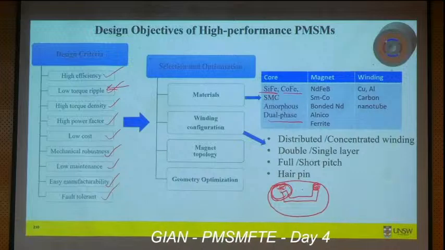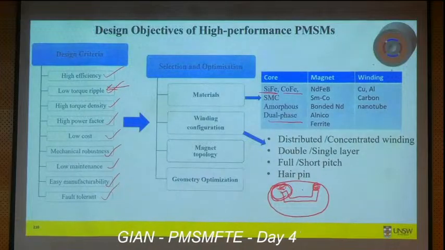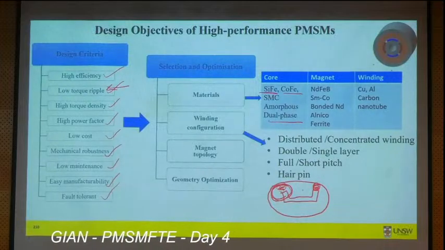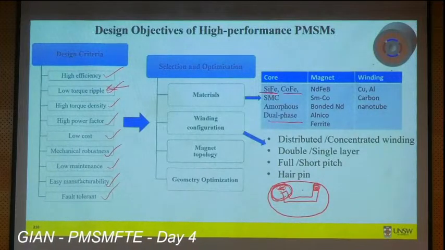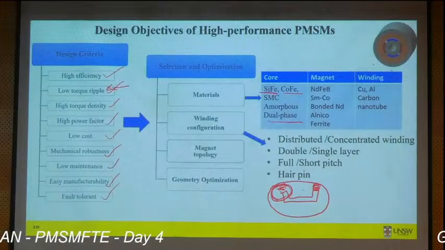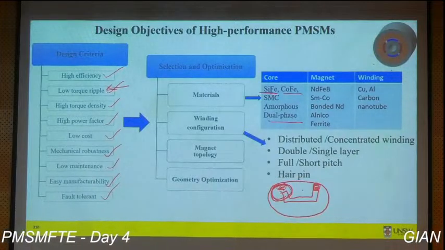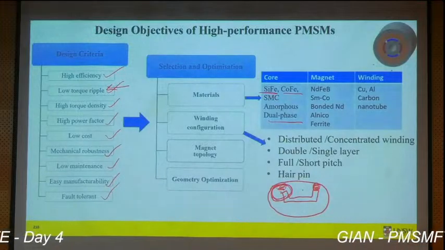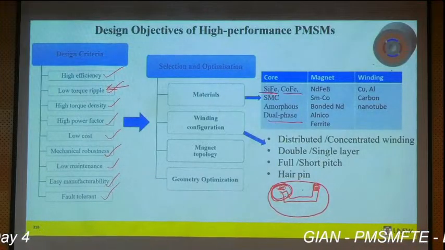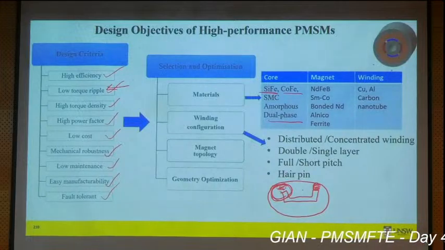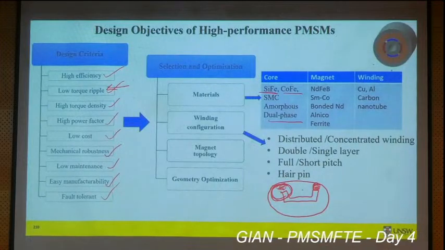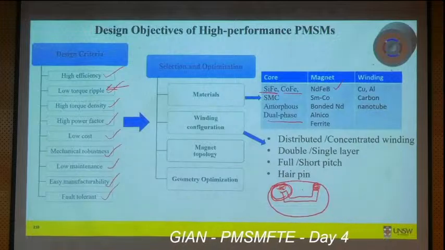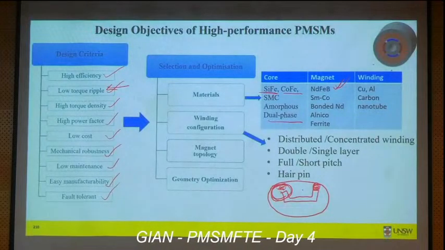Okay, but it may come, and if it comes, it could become a game changer for machines like PMSM and synchronous reluctance. Then, so that's your choice of material for core, okay, stator core and rotor core. Then, in case of magnet motor, obviously our main choice is always neodymium, right?